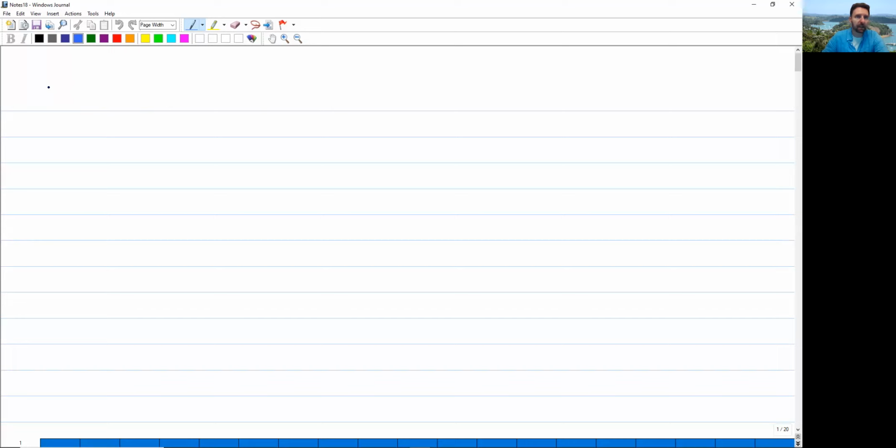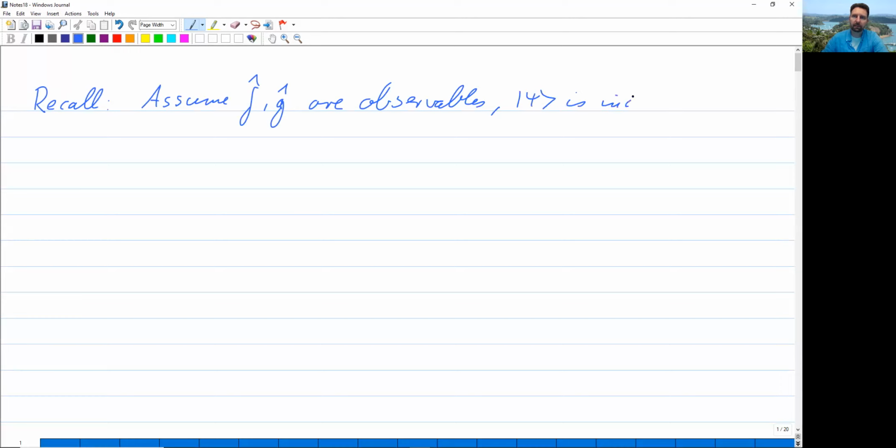In the previous lecture, we covered the uncertainty principle, the generic uncertainty principle, and it looked like this. Assume f hat and g hat are observables, and then assume that psi is some initial state prepared at time t0.